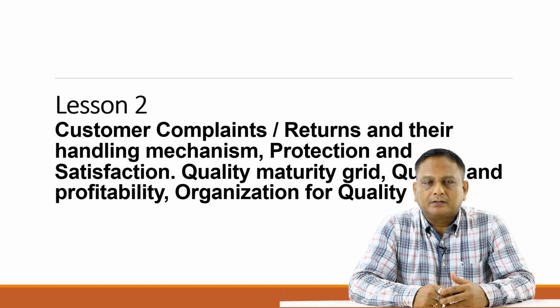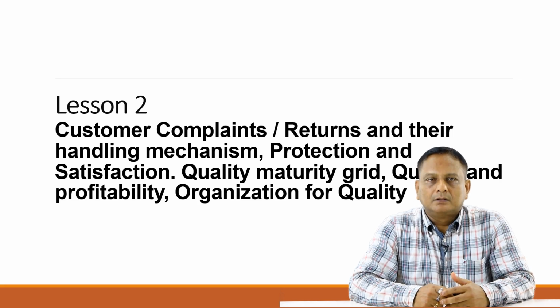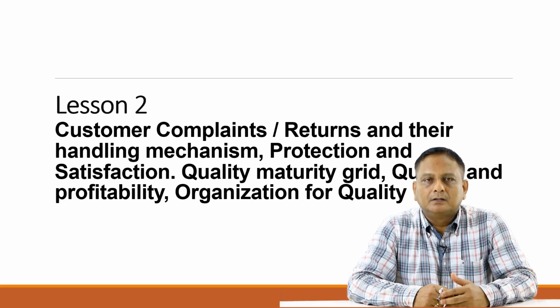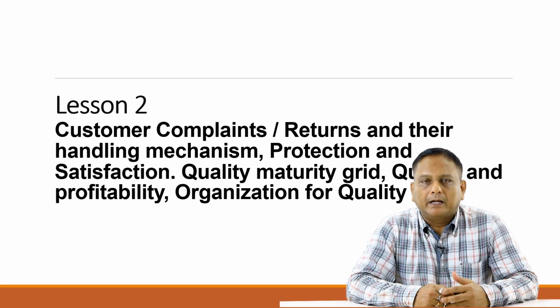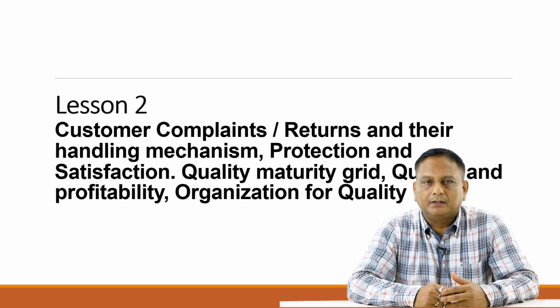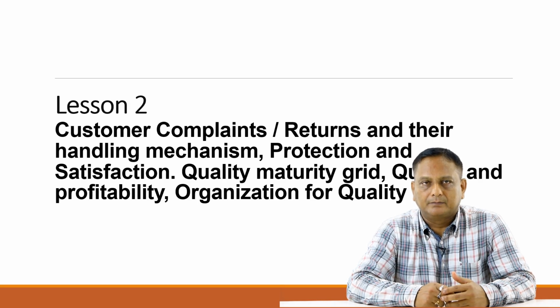We will also see different product recalls of garments, and then a little bit about customer satisfaction, the quality maturity grid, how profitability can be achieved, and finally the different principles adopted for quality in any organization.